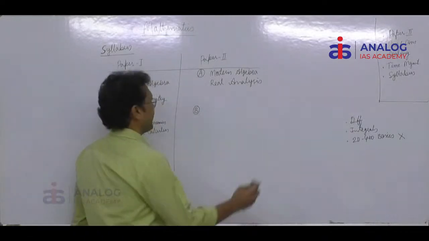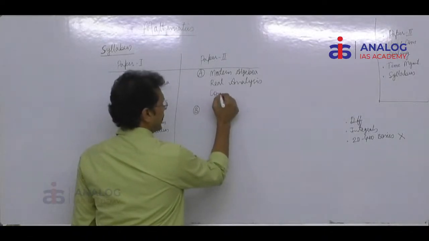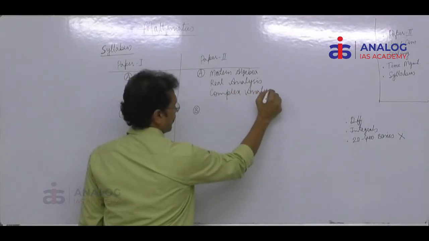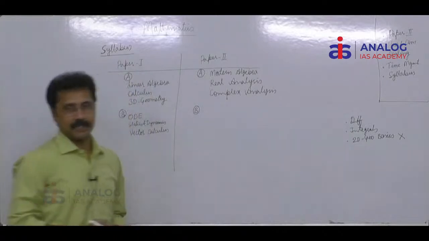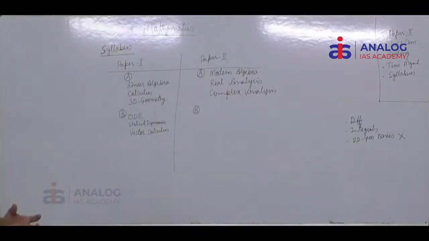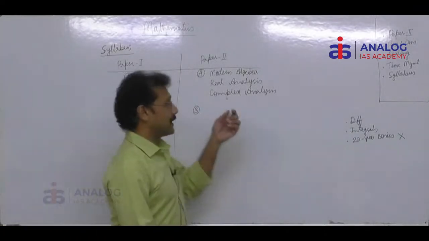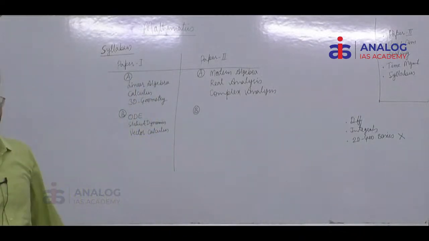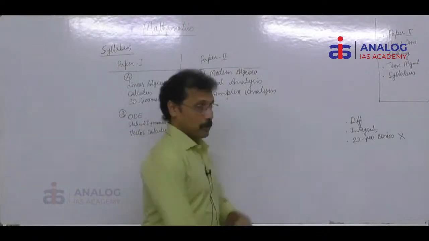Okay. Next is complex analysis. CA, complex analysis. Now, if you remember your plus 2 level, there is something called a complex number, z equal to x plus iy. Remember that? So that was just a complex number.